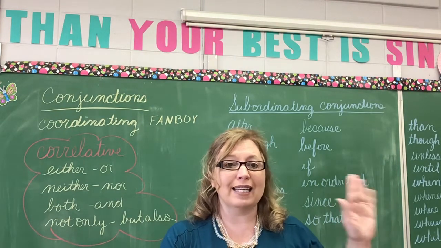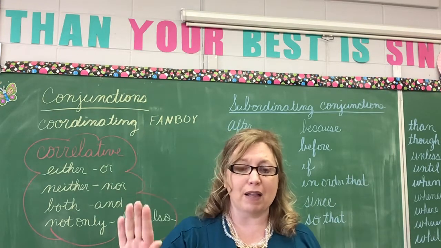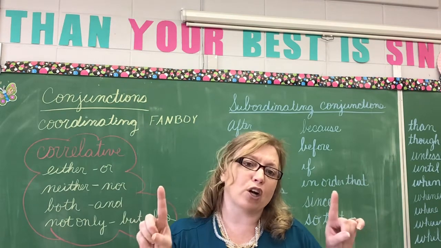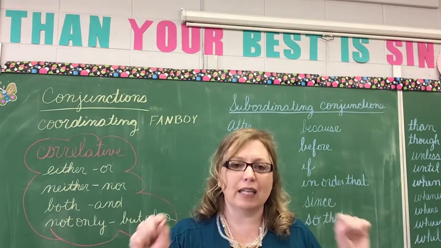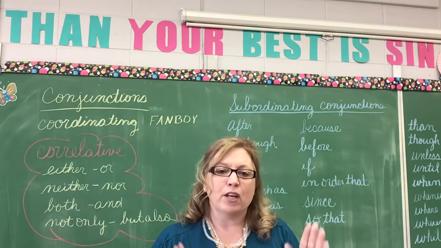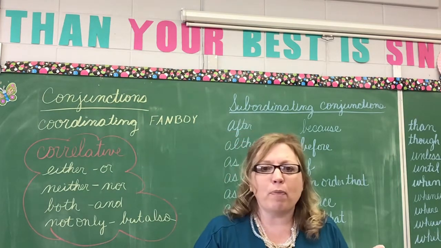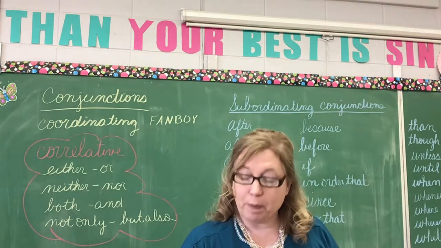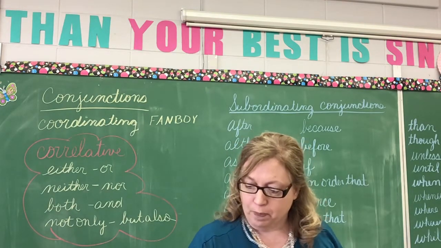Those 2 clauses are equal. Why? Because each one is an independent sentence, okay? So they're equal. One's not more important than the other one. One's not more clear than the other. They're equal, okay? We're going to put a CE if they're equal, okay?